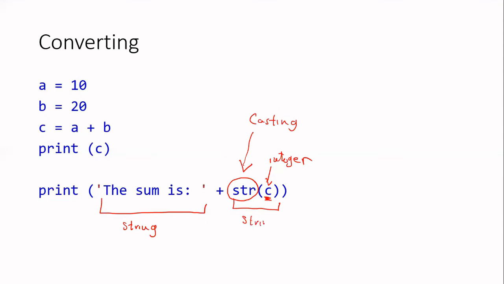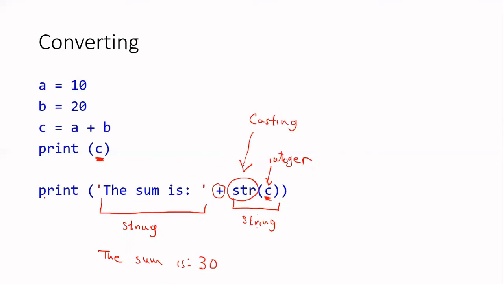So that makes it into a string. Now, can I join a string with a string? The answer is yes. So this will now output the sum is, and it's going to output C, and what's the value of C? 10 plus 20, 30, converted into a string, and it's going to display the sum is 30.